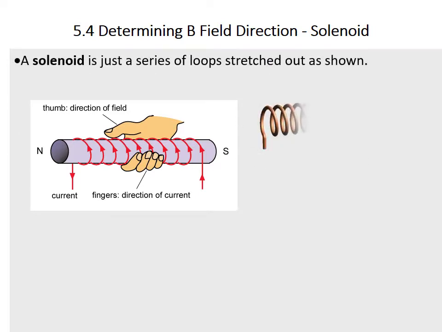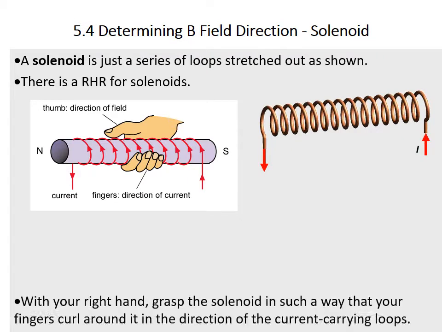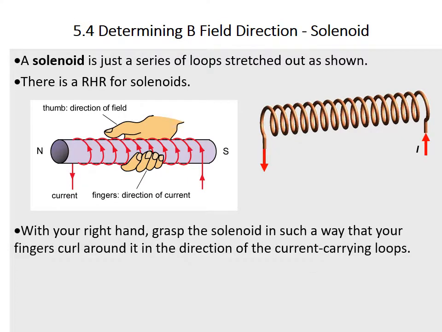All right, a solenoid is just a series of loops stretched out as shown. So the right-hand rule for this one is you curl your fingers around the solenoid in such a way that it matches the direction of current in the loops. So I have current coming up on the right-hand side.